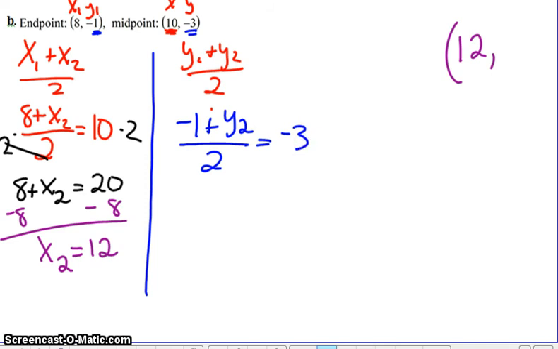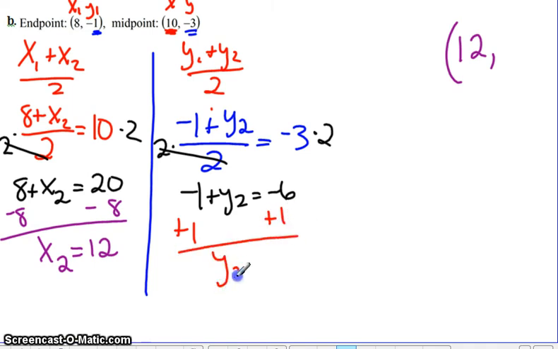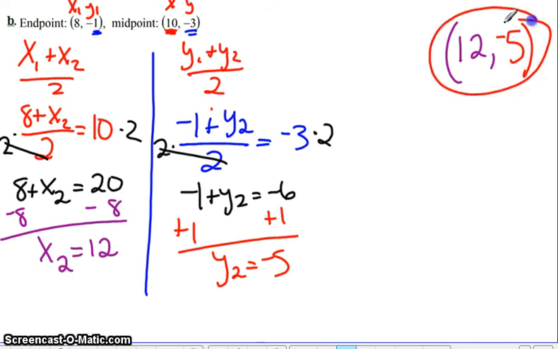Again, to get rid of the 2 at the bottom, you multiply both sides by 2, so -1 plus y2 equals -6. Then we add 1 to both sides, so y2 equals -5. So the y value of the other endpoint is -5, and 12 comma -5 is the answer to part B.